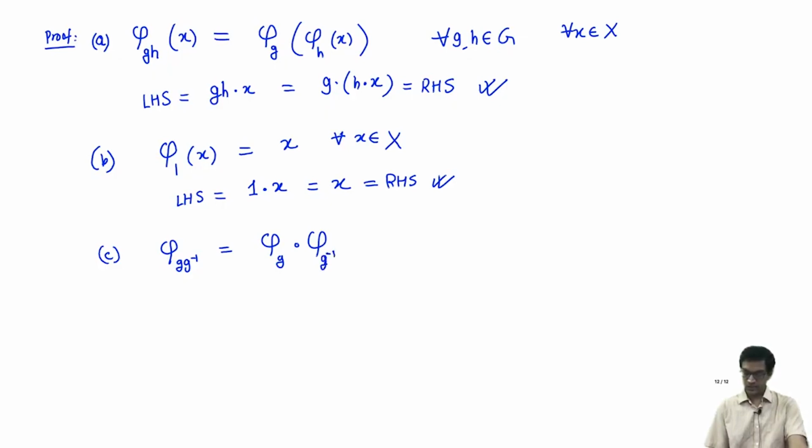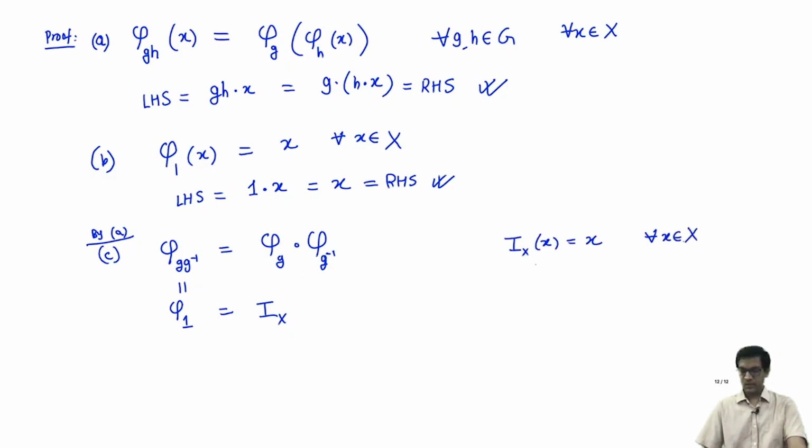This is by A, a special case in which I take h equals g inverse. But observe that this is just phi sub the identity, and part B says that this is just the identity map of x, the map which sends x to x for all x in X. This is an element of perm X, a map from X to X.